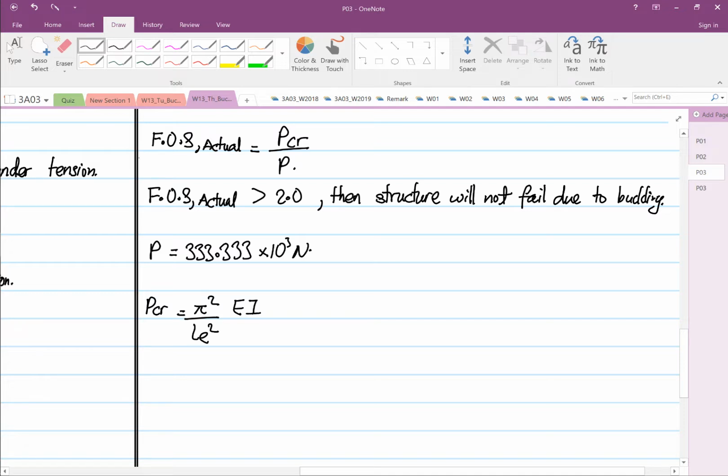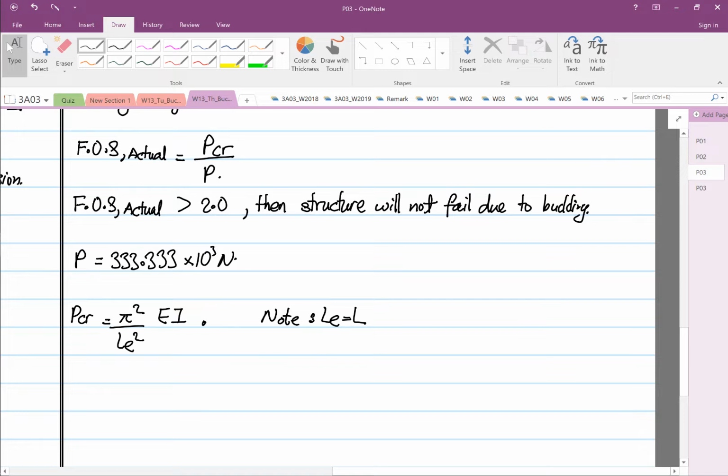Note that the equivalent length is also equal to the length as both ends cannot resist bending moment.